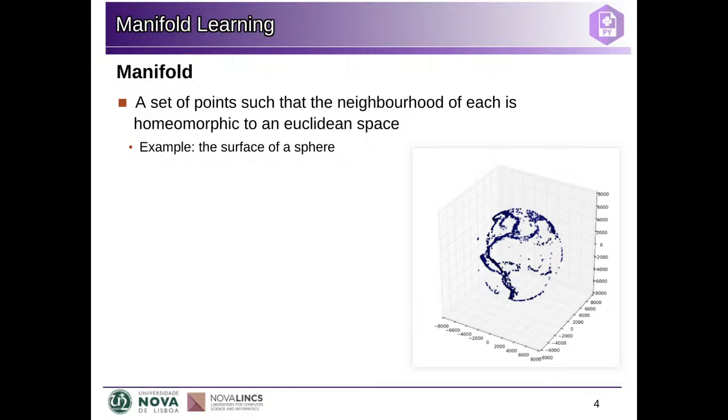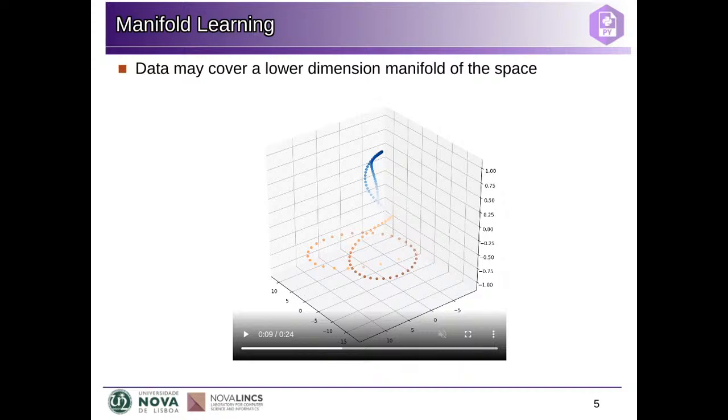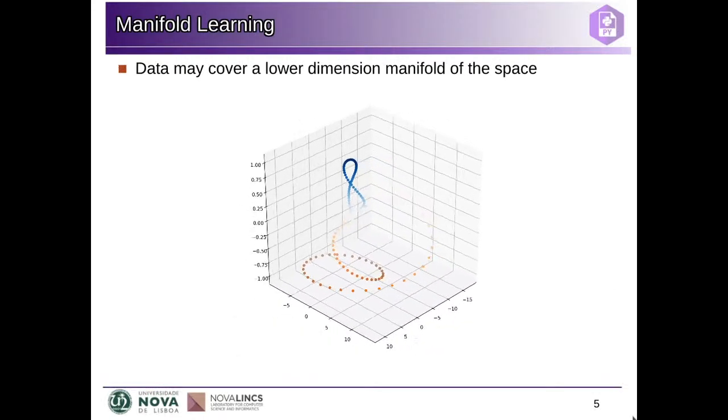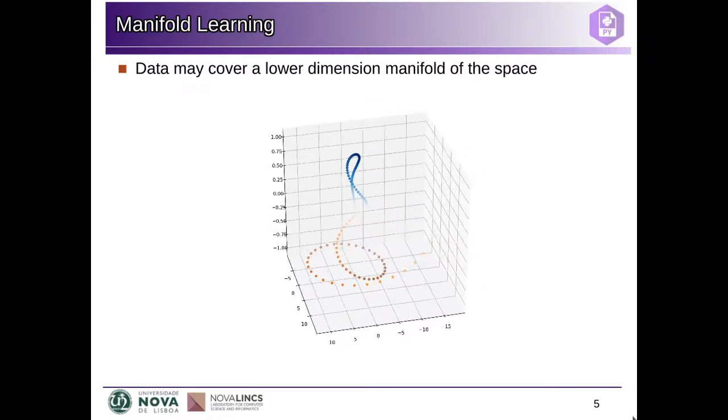And the idea of manifold learning is to try to learn this embedding, this subspace of our data, where we can represent the data with a lower number of dimensions without losing the topology, the spatial relations between the points. For example, suppose we have this data set. It's a three-dimensional data set.